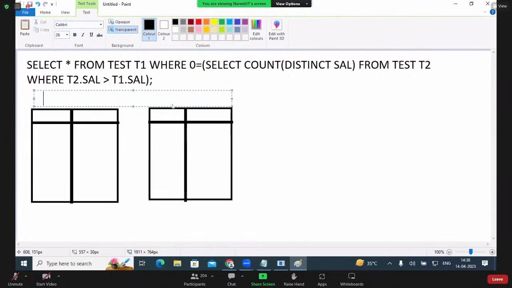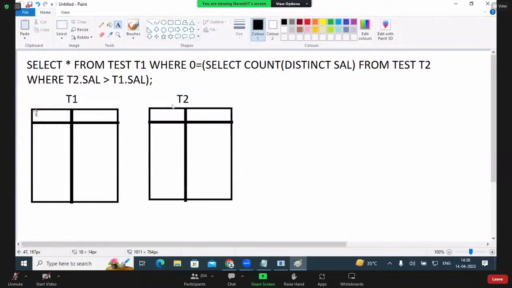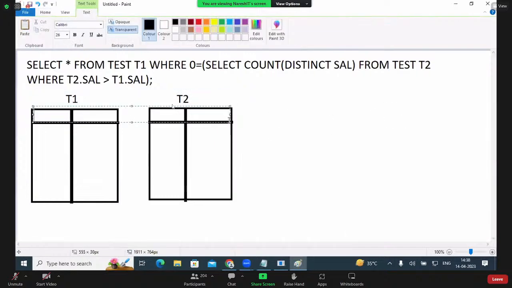So I will give it here. What is this? T1 and here T2. And you know the column names here, ename, and sal. And here also I'm taking sal and some name.